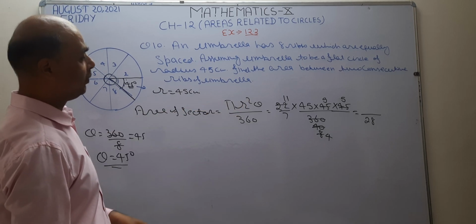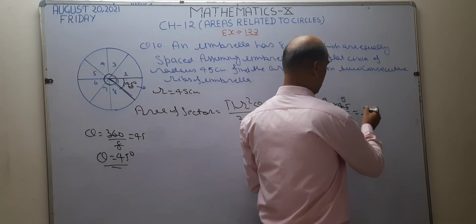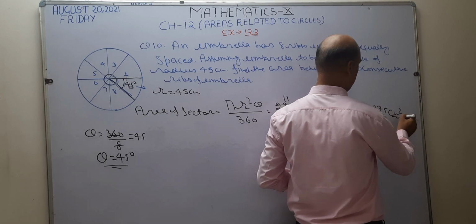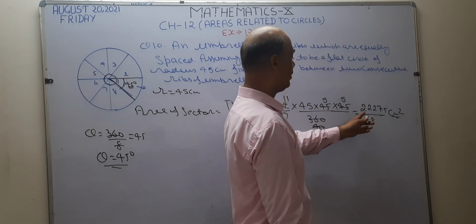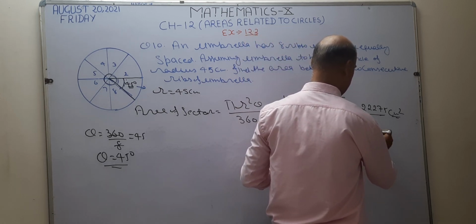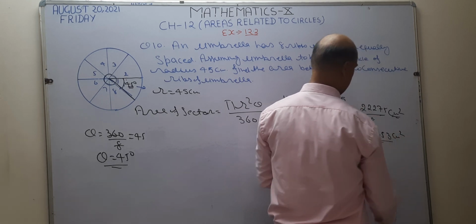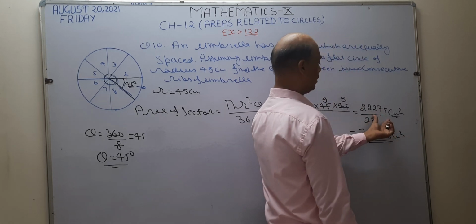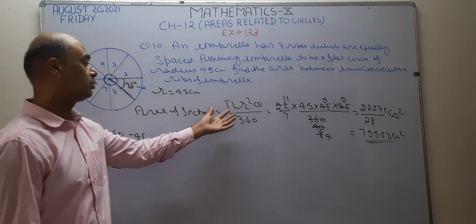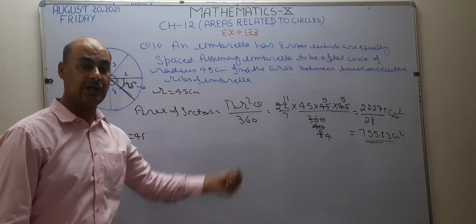When you multiply 45 into 45 and 11, this comes to 2275 centimeters square. So this is the answer. And when you divide this number by 28, the answer becomes 795.5 centimeter square. In decimal the answer is this one and in fraction the answer is this one. Okay, simple. You are going to find the area of the sector by using this formula pi r square theta upon 360. Okay, I hope it is clear now.